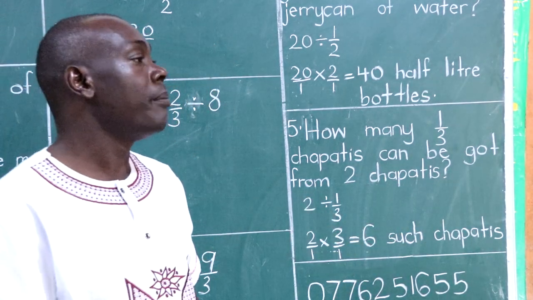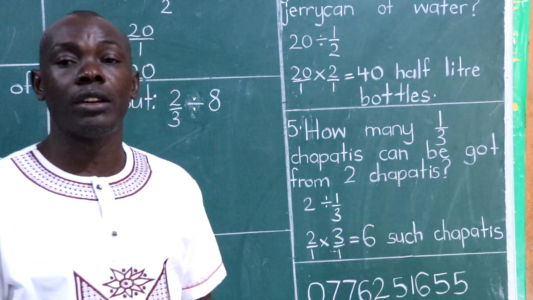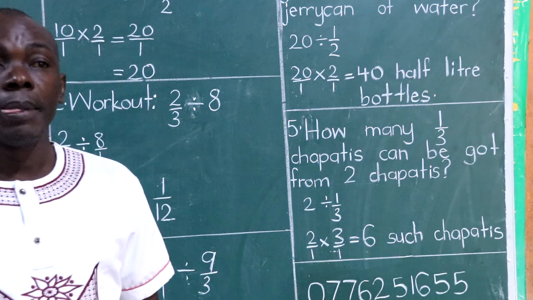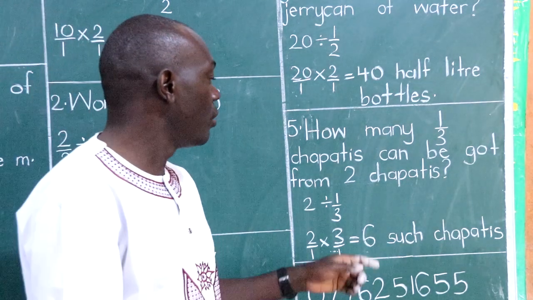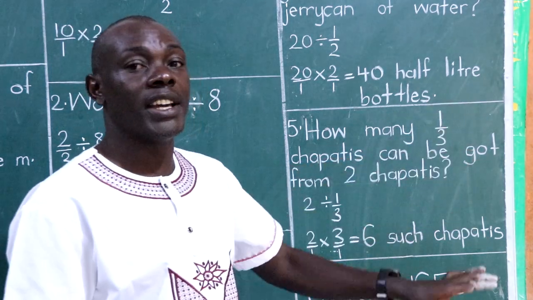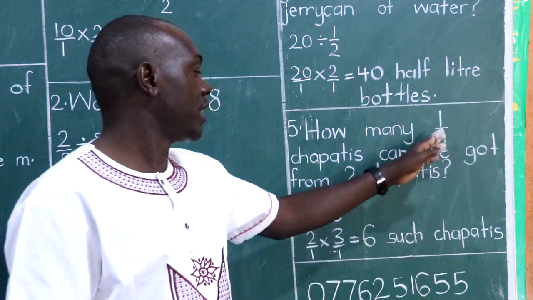Whenever you hear how many small ones can be got from a big one, it means a big one is to be cut into small ones. The big one is 2. That's 2 full chapatis. They are going to be subdivided or cut into thirds.